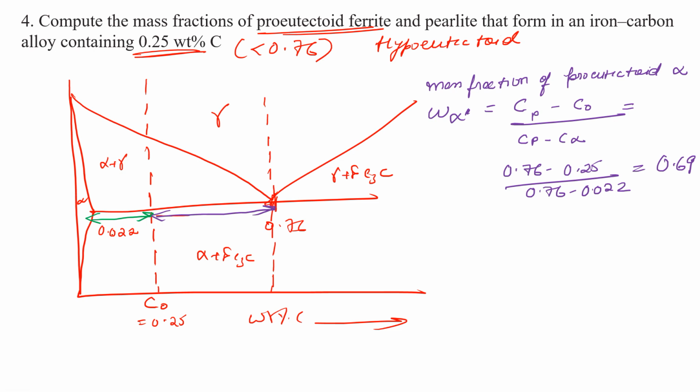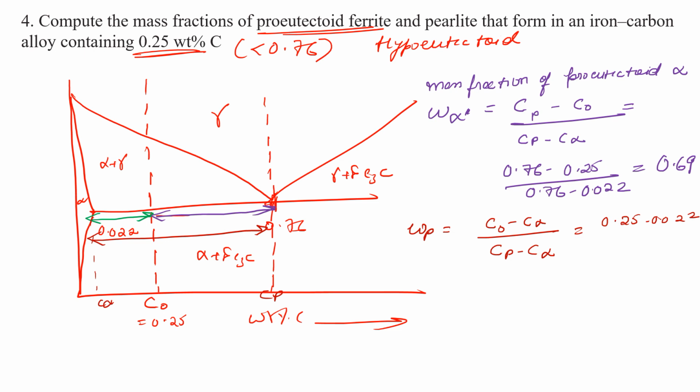So Wp is C naught minus C alpha divided by Cp minus C alpha, which is 0.25 minus 0.022 divided by 0.76 minus 0.022, which gives me about 0.31.